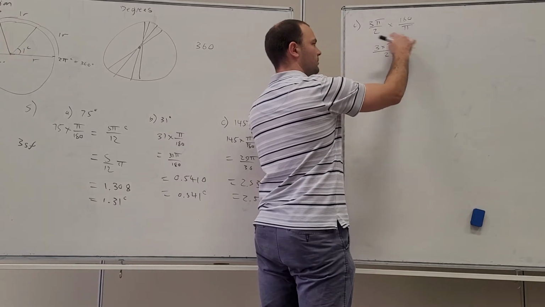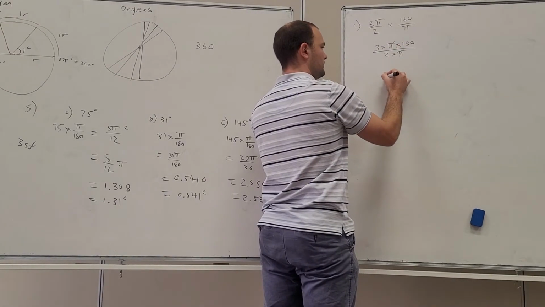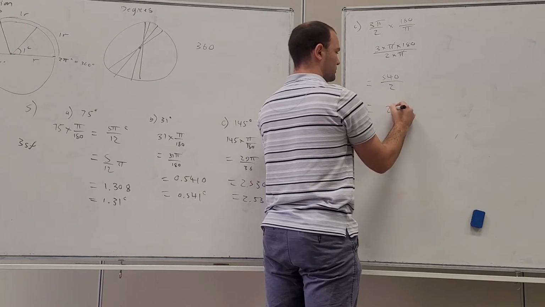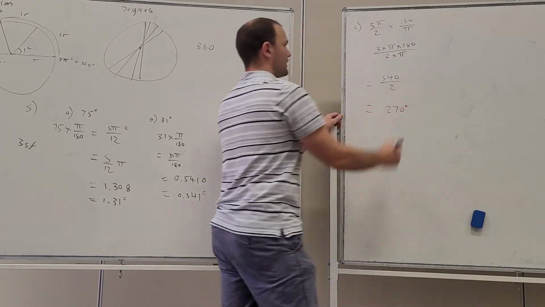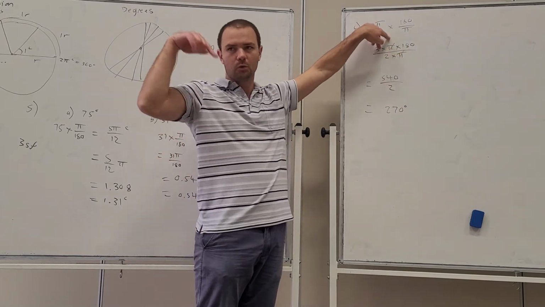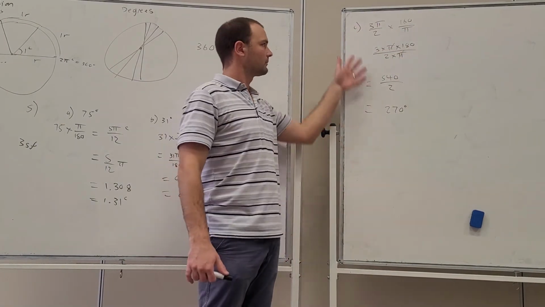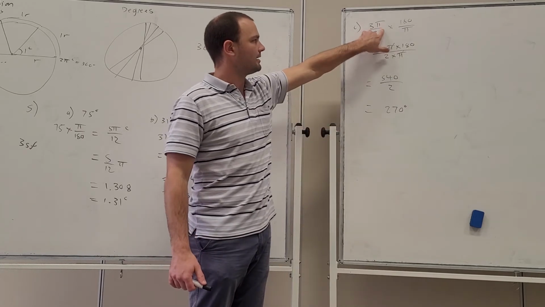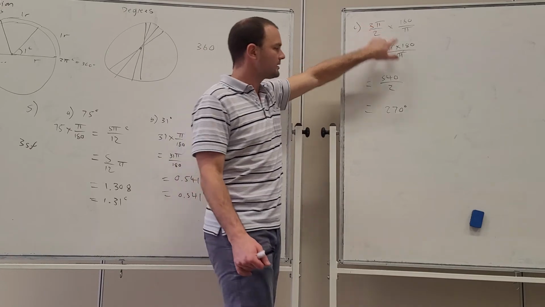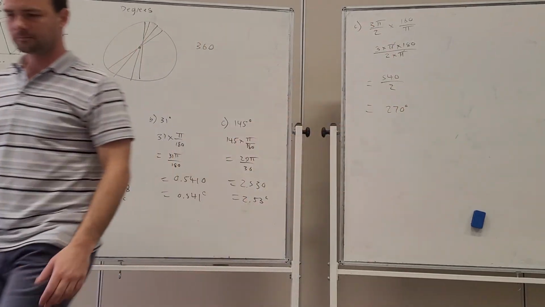We've got 3 times 180, which is going to be 540 on 2, and that's going to be 270. Some of these you might go, I don't know what 3 times 180 is, but it's something you could work out if you didn't have a calculator. Okay, so that's how we can break that down just by using the formula. 3 pi on 2 radians is 270 degrees.